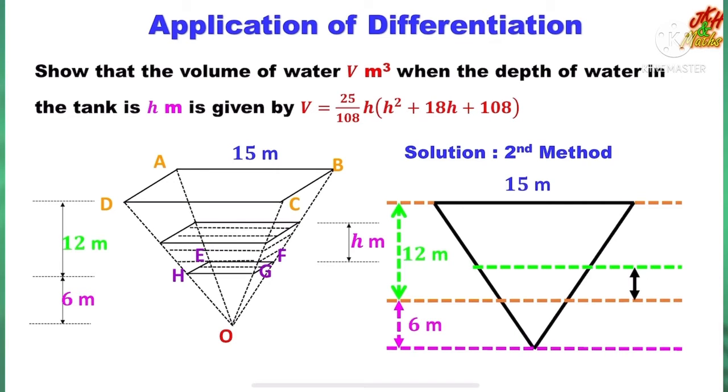Here we have h meters, represented by the height of the water in the tank. Therefore, this side is equal to 12 minus h meters. And this length is 6 meters.